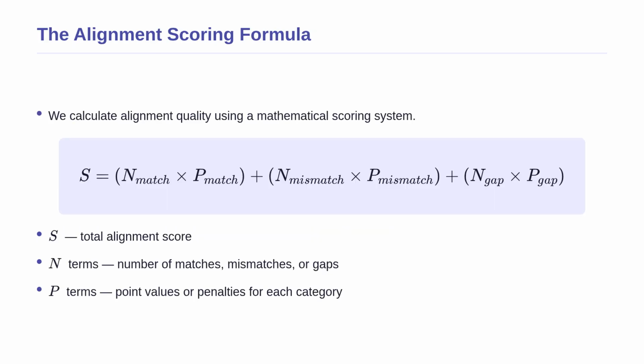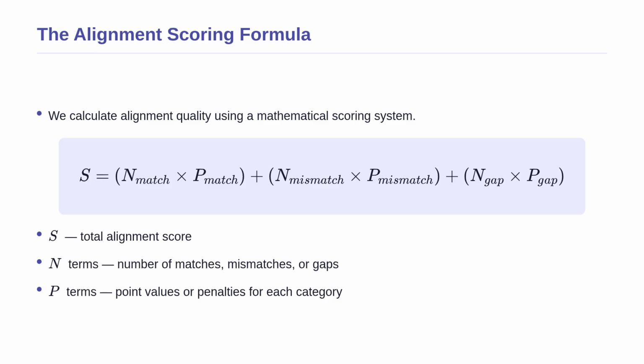Knowing why it is important leads us to a critical question. How do we decide if an alignment is good or bad? We use a mathematical scoring system, much like grading a multiple choice test. You get points for a correct answer and lose points for wrong answers or skipped questions. In our formula, S represents the total alignment score.